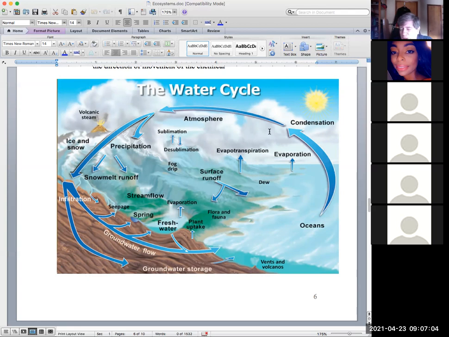Notice that the water that goes into the atmosphere is no longer liquid water, it's water vapor or water as a gas. So think of steam. Now, by the same token, notice that whenever we have air in contact with water, some of the water vapor will diffuse back into the ocean and some of the water will condense back into the ocean.